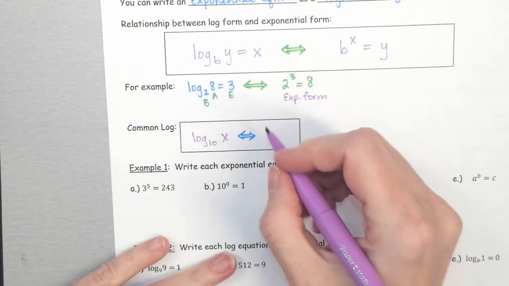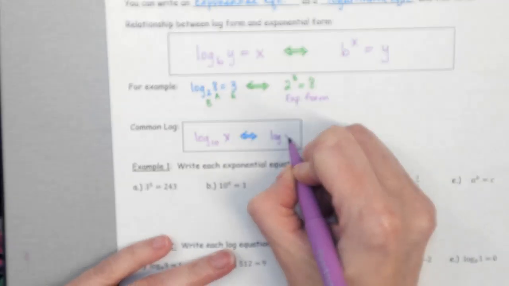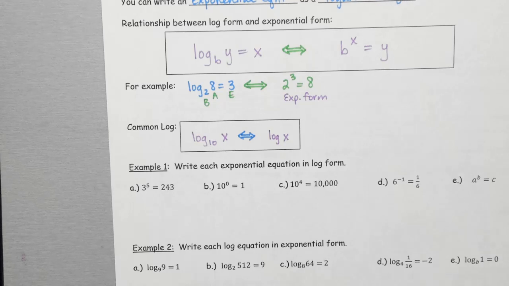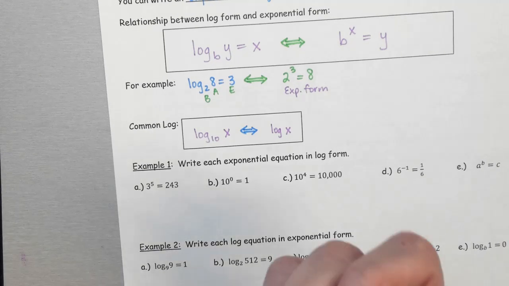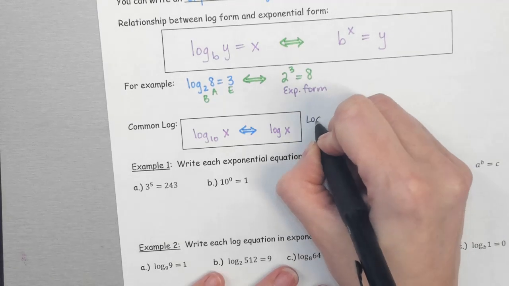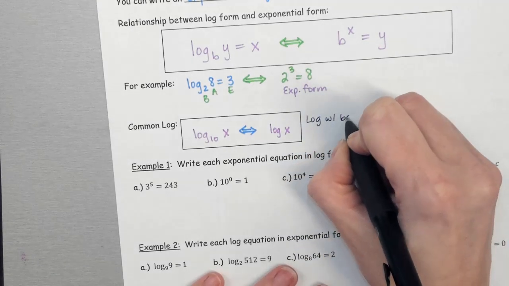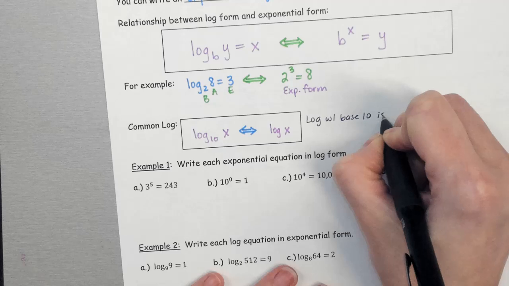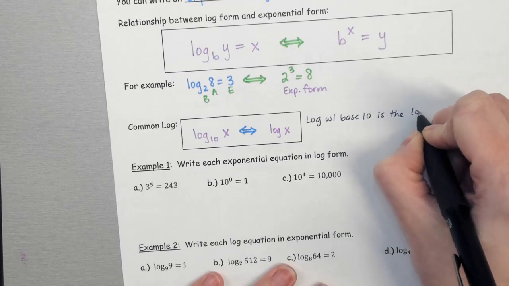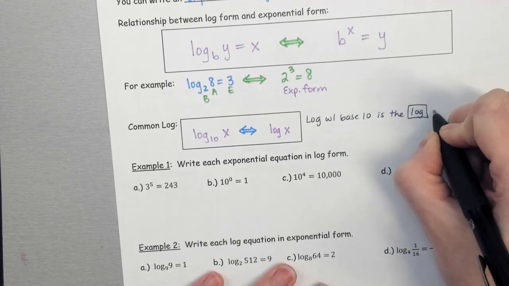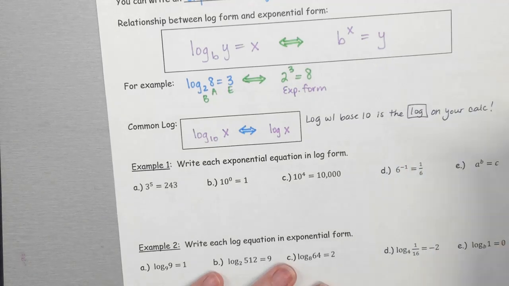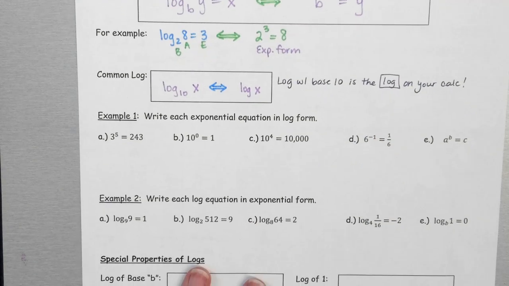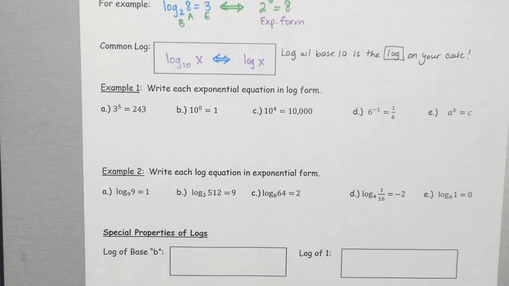If you have log base 10 of x, you'll commonly just see it like this. So log with base 10 is the log button on your calculator. We will be looking at that today as well.